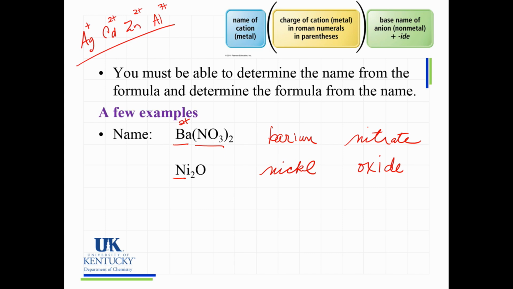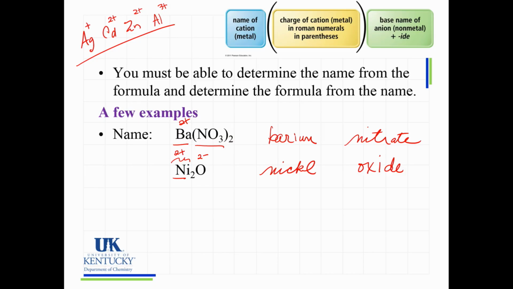The way you figure out its Roman numeral is with what's connected to it. So we go to the periodic table and say, hey, there's oxygen. What's the charge on oxygen as an ion? And based upon its location, we know it's 2-. So if it's 2-, then the metal has to be 2+.